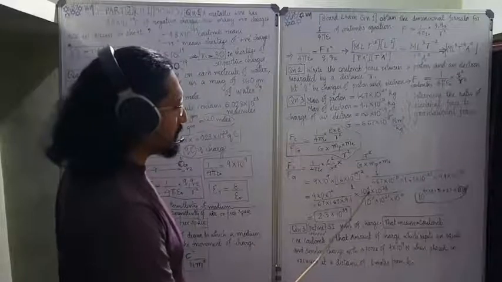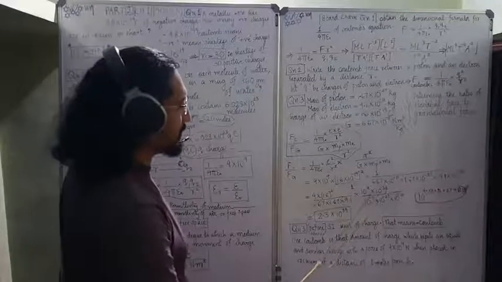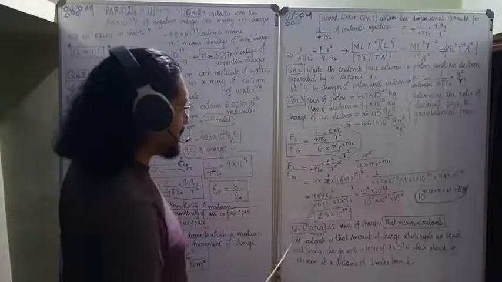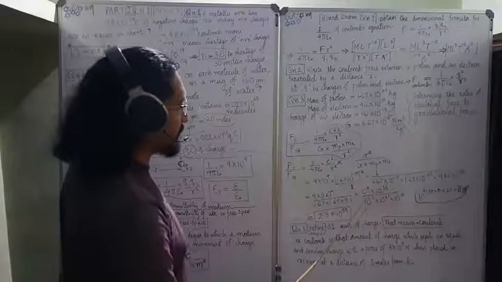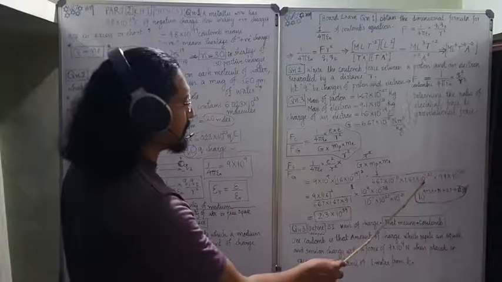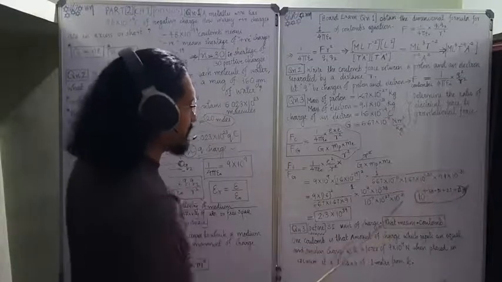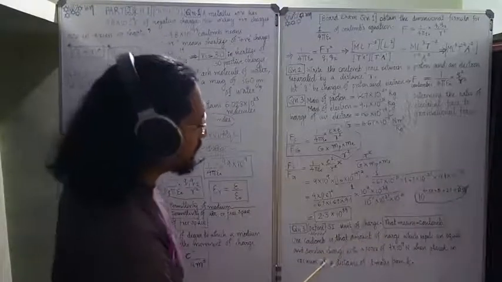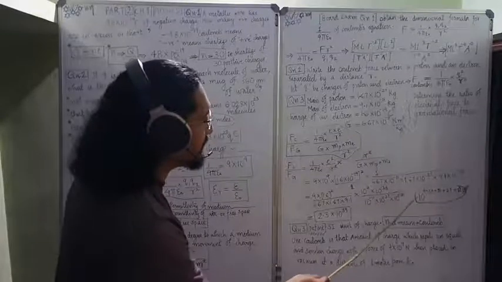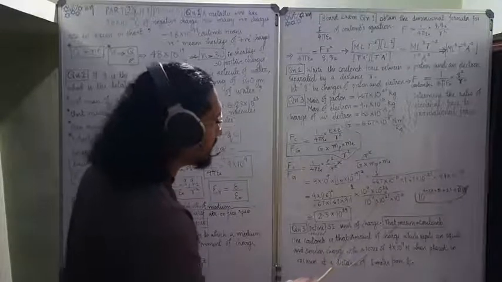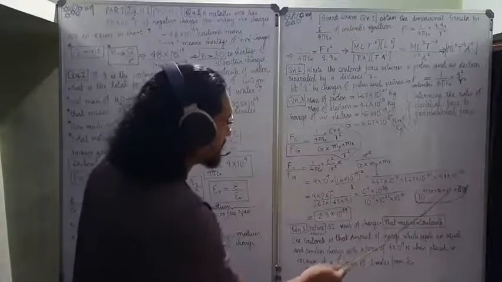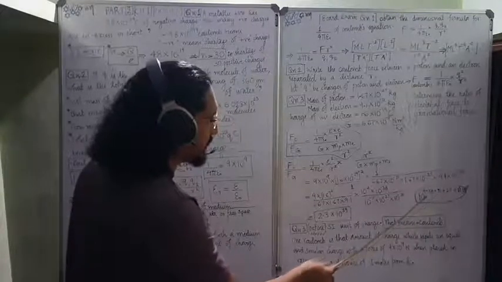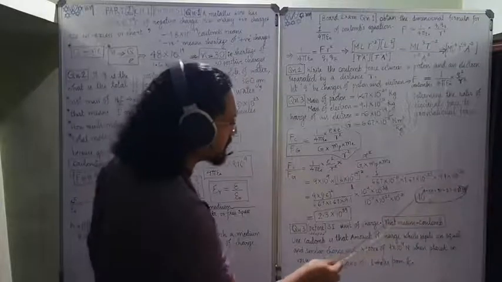Now, 10 raised to 9 into 10 raised to minus 38, divided by 10 raised to minus 11, into 10 raised to minus 27, into 10 raised to minus 31, written over here. This whole thing, by the theory of indices, is 9 minus 38 plus 11 plus 27 plus 31. This is the solving procedure.